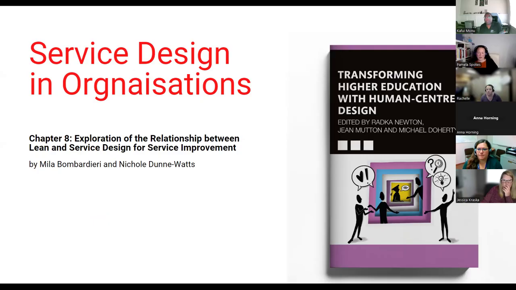I know Kafui has ordered it. He says he has anyway. So there's a chapter in this book that I have co-written with somebody, specifically for lean and service design, chapter 8 with Mila and Nicole. They have written about this, so it might be interesting for you guys to check out.